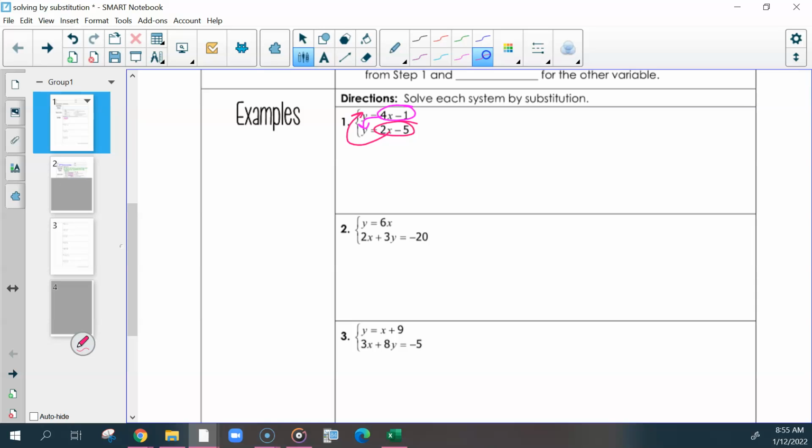Either way you do this, you're going to have one part equal to another part. Whether you put this on this side or this on this side does not matter, but we're taking one equation and putting it into the other. And either way we do that, they end up equaling each other.